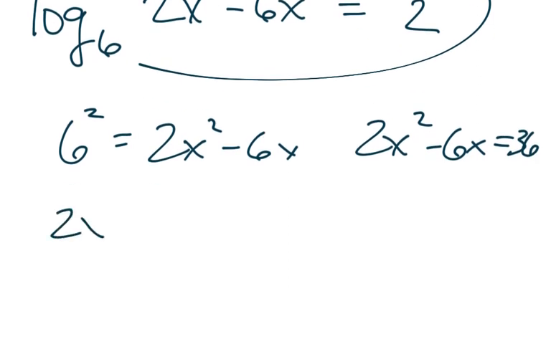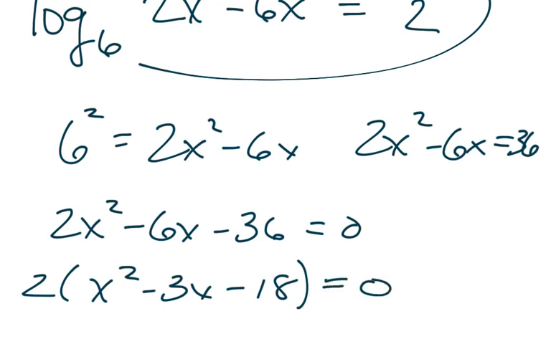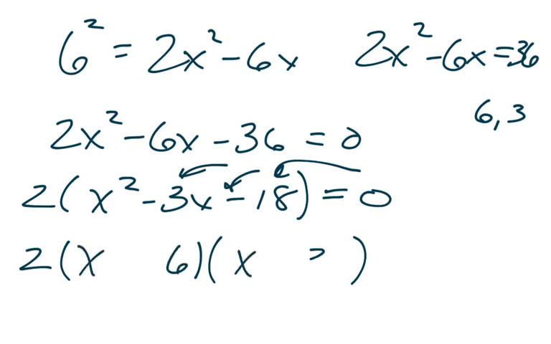Let's bring that 36 over to this side, and we'd have to subtract it. Let's take out a 2. And let's see, are there any factors of 18 that subtract to give us 3? 6 and 3, right? Okay, so x and x, 6 and 3.